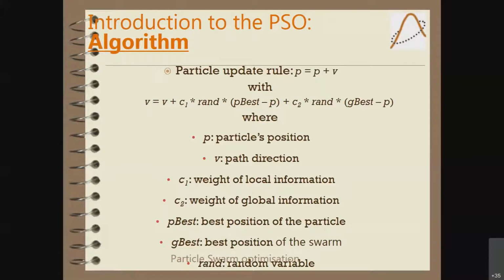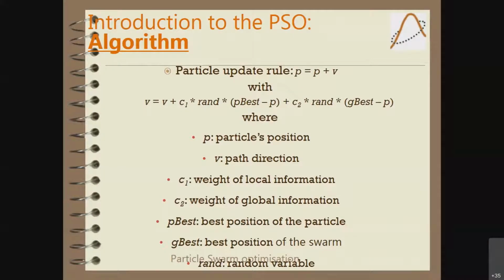So I have two update rules: a particle position update rule and a velocity update rule. How do I update the position? The new position is just the vector sum of my previous position and the velocity. If that works, fine. If it doesn't work, I need to update that velocity. How do I update that velocity?